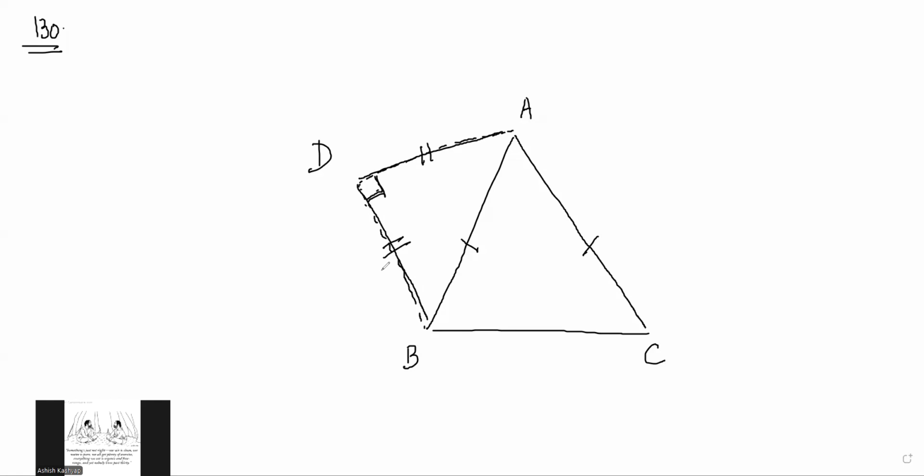Let E be the midpoint of side BC. E is the midpoint of side BC. Okay, fine. So it is unclear which way they mean, but you have to assume one way and try to do it anyway.